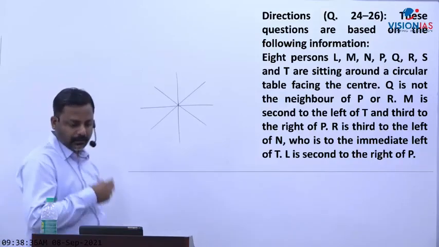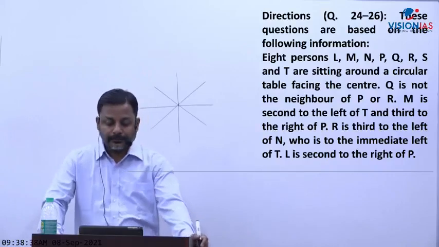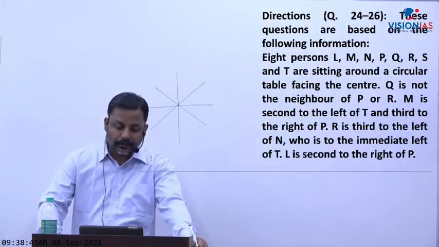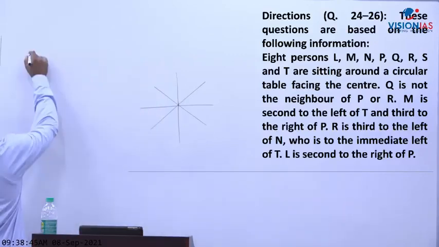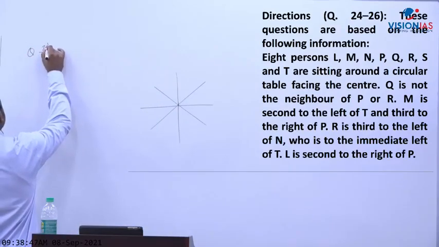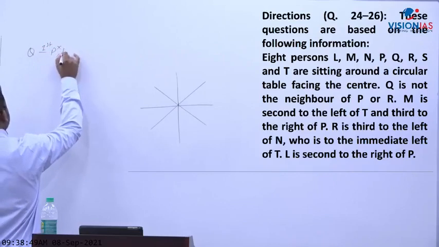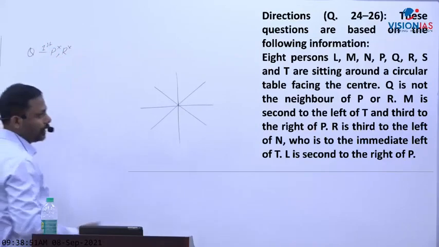So let's start solving this particular information. Q is not the neighbor of P or R. So Q and P are not neighbors, Q and R are not neighbors.